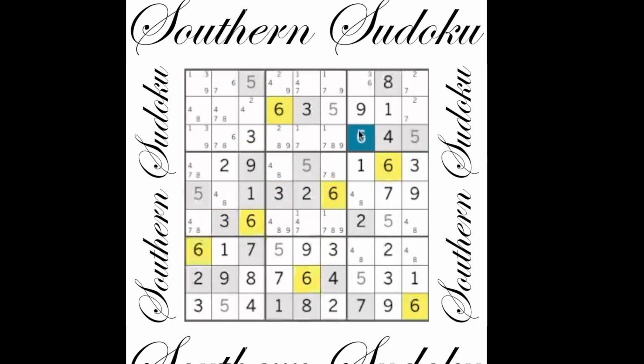That's the 3. Two. Is that a 2? That is 7.